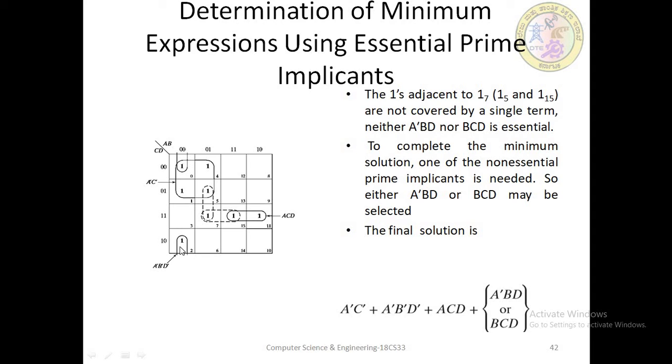This one will be essential. The one adjacent to 7 and 15 is not covered by a single term, neither ABD nor BCD is essential. So even this will also become essential.